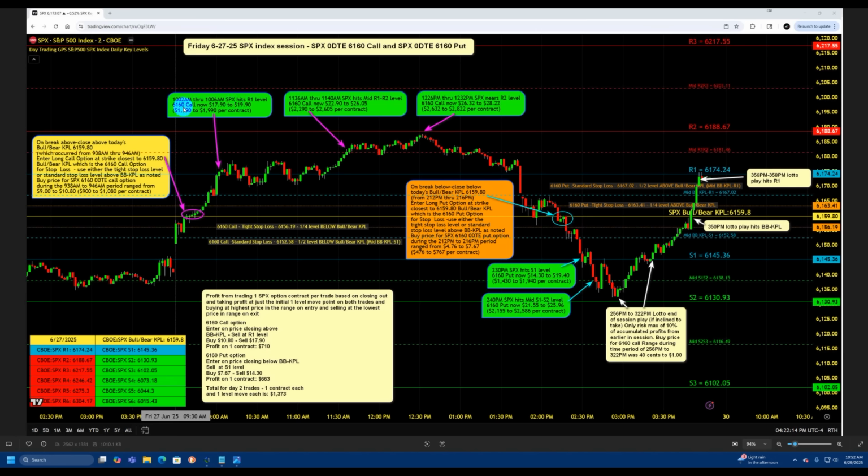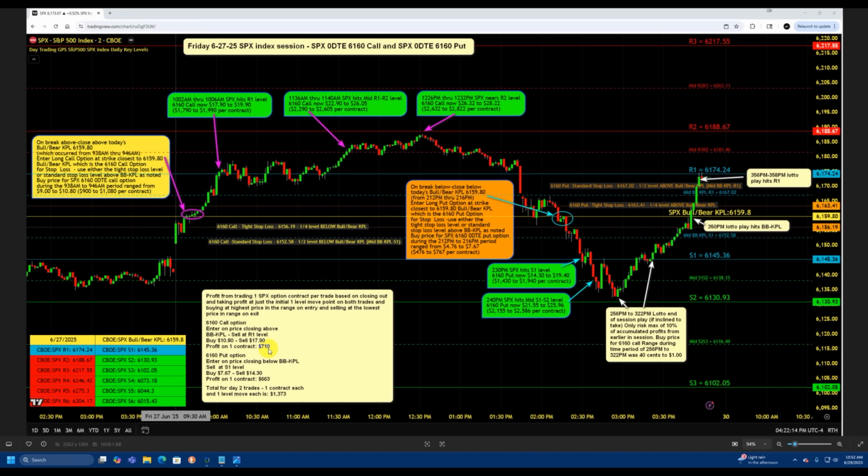It hits R1, and the 61.60 call ranges in that time period from a low of 1790 to 1990. So that's $1,790 to $1,990 per contract. So based on the worst case scenario buy price here, if you paid 1,080 and you sold at the worst case scenario sell price when it hits R1 of 1790, you have a profit on that one contract of $710 before commissions.